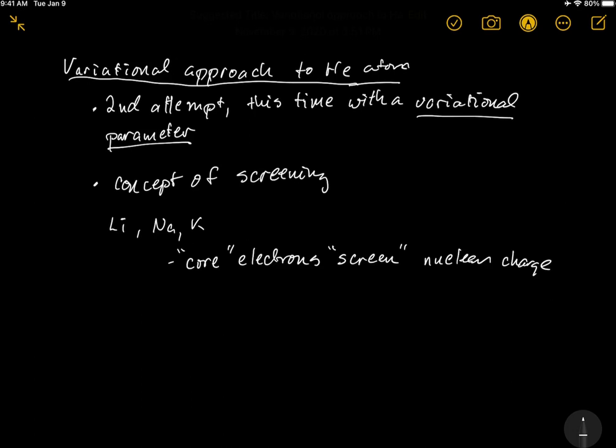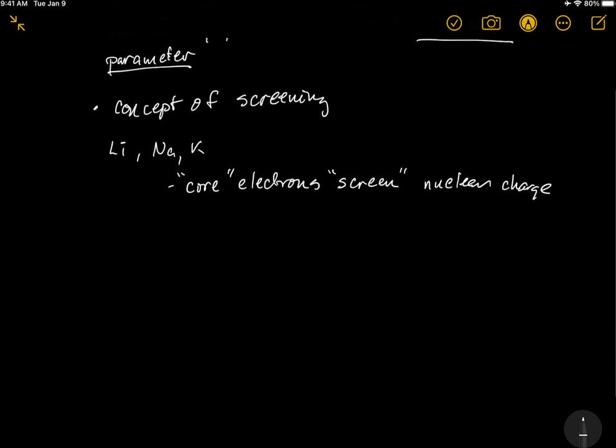So this makes sense intuitively, right? If we have our nucleus, and then we have these electrons that are in the core, they're tight, close into the nucleus.